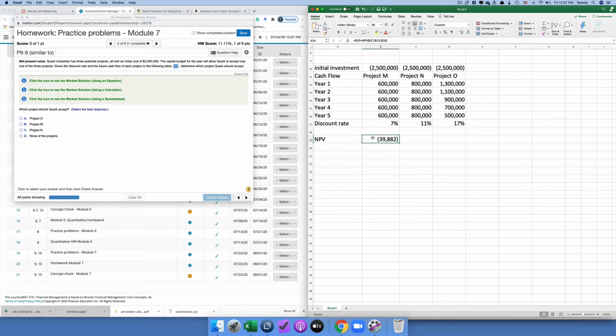And that gives us a net present value of negative 39,000. And we can just copy that across, 456 and 578. So we like project O better because it has the highest net present value, even though it has a very high discount rate. And that is because the cash flows are front loaded. So you get your money back quicker.